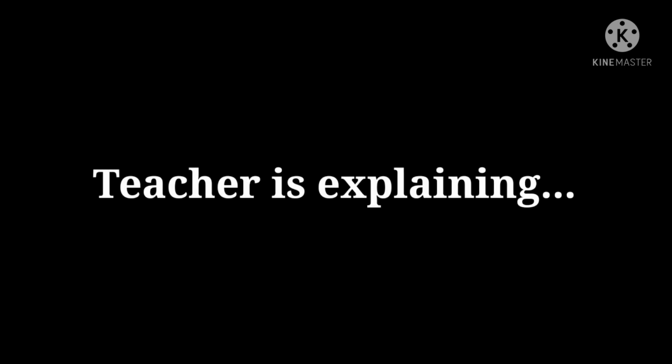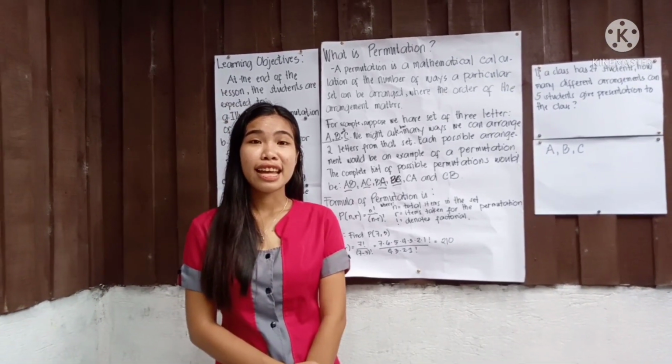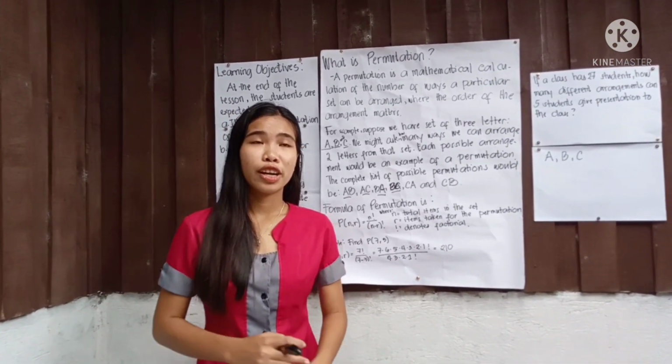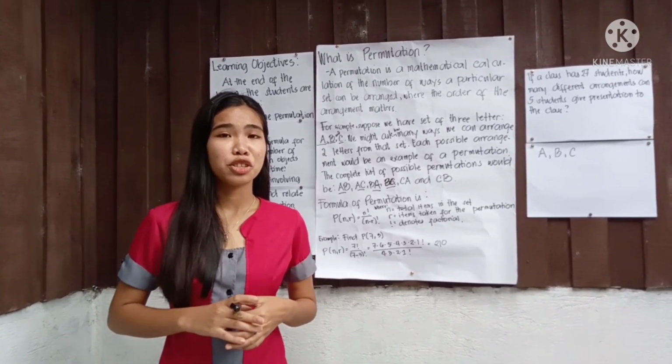So permutation means that there should be no repetition of an object, or the only thing that matters in permutation is the order. Okay, additional: a permutation is a set of objects that can be arranged with regard to the arrangement.